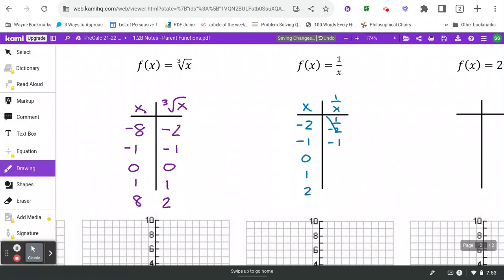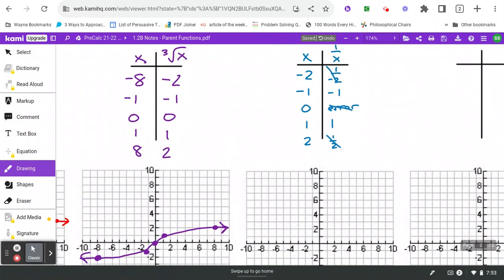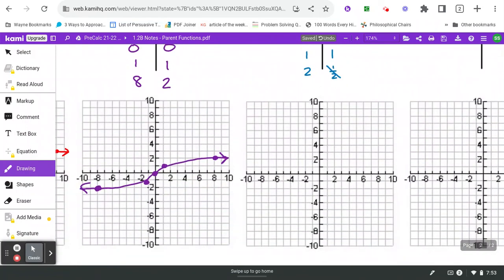The thing about when I plug in 0, you get an error message. In your calculator, 1 divided by 0 can't divide by 0, so we don't want that either. You can plug in a 1 to get +1, and if we plug in a 2, again, we get a half, which I'm really not interested in. So what we have here, we only have 2 points, -1, -1, and +1, +1.